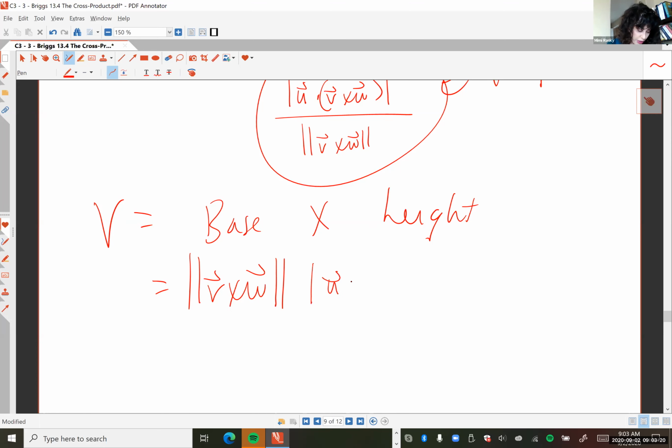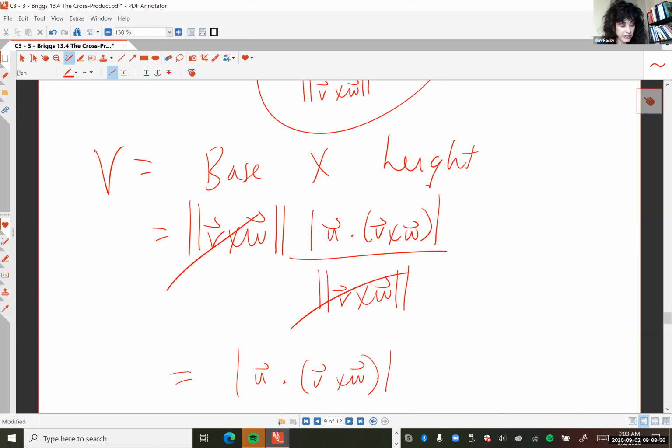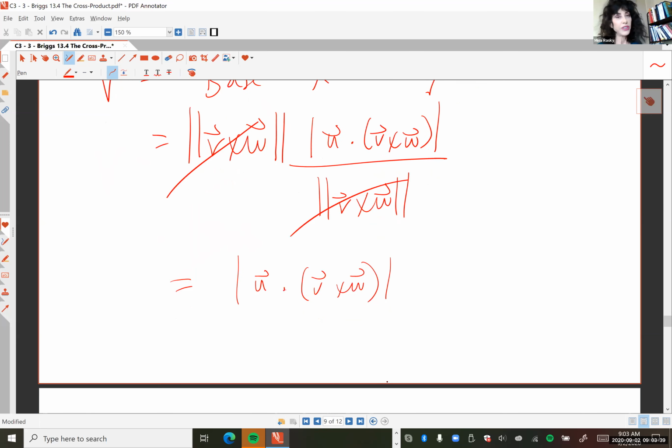So if you multiply base times height now, I hope you can see that you can reduce this to lowest terms. Boom, boom, and then what's left? This is the box product forced to be a positive result just because you want it to represent something in the real world. So I'm done with that example.